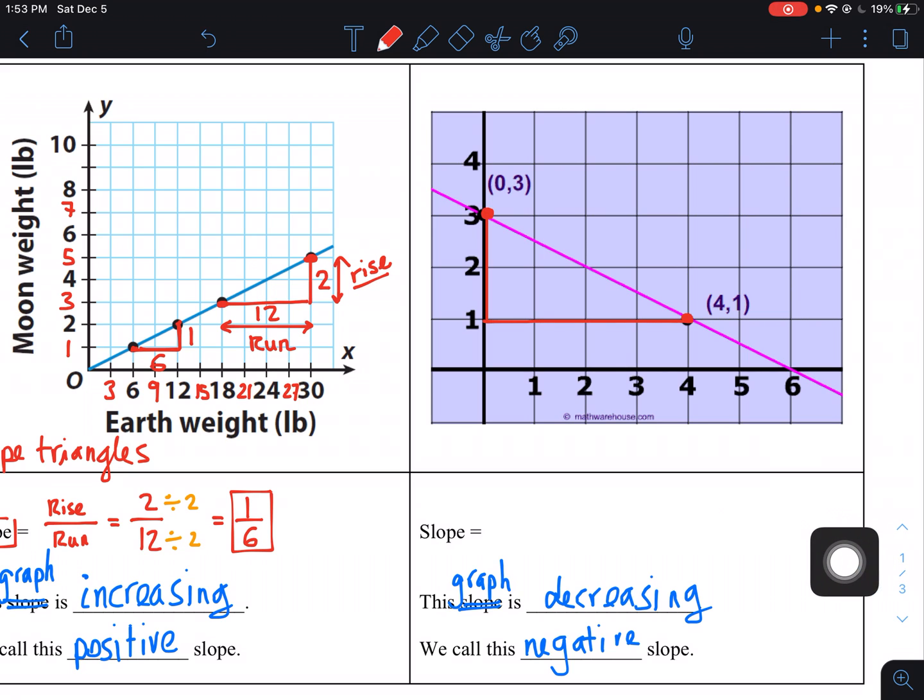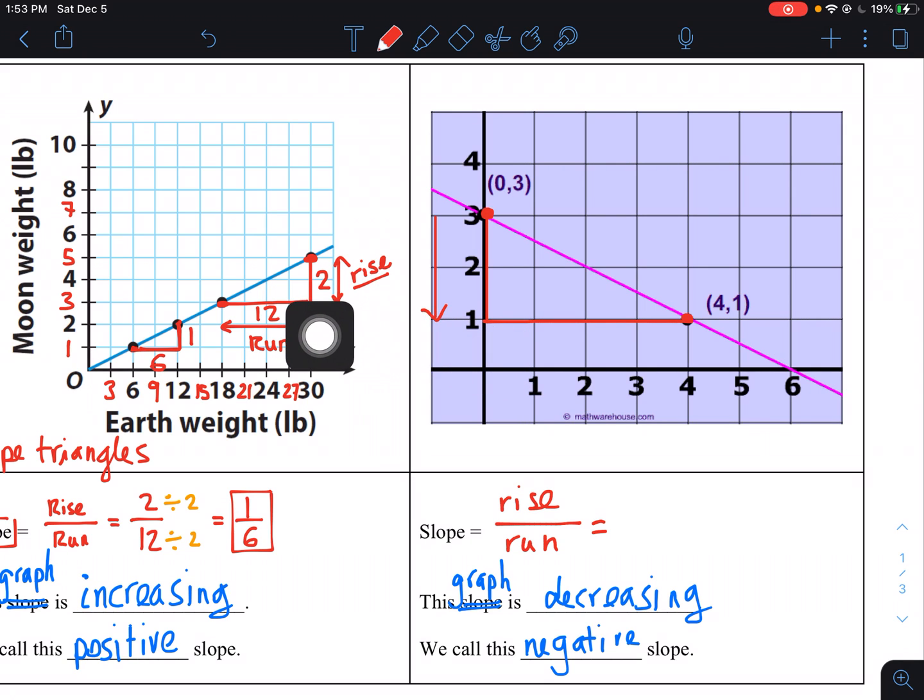Okay, so our slope, if we remember, is our rise over our run. So here's where we have to be careful. When I go from this point to this point, am I increasing or am I going down?